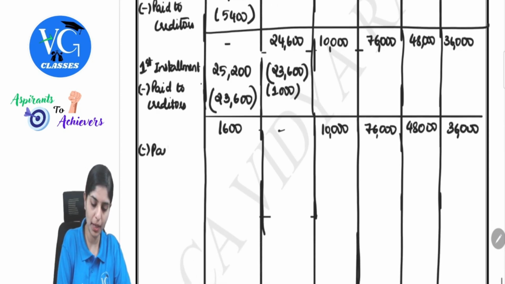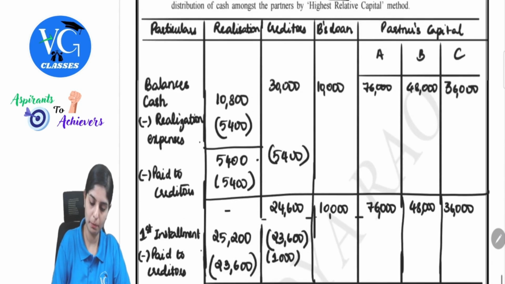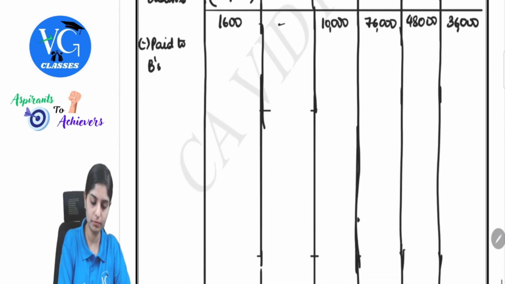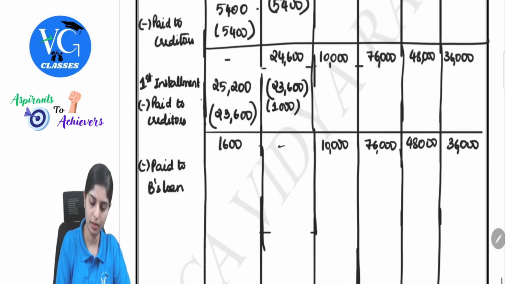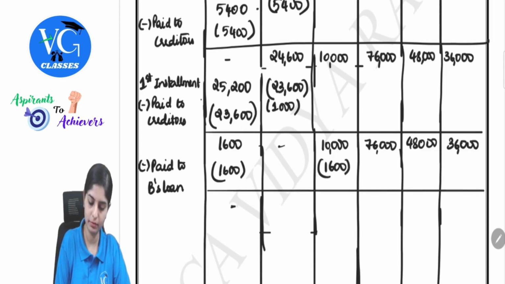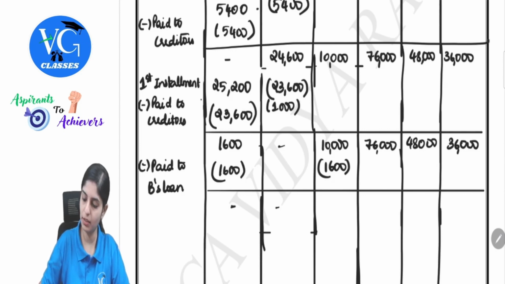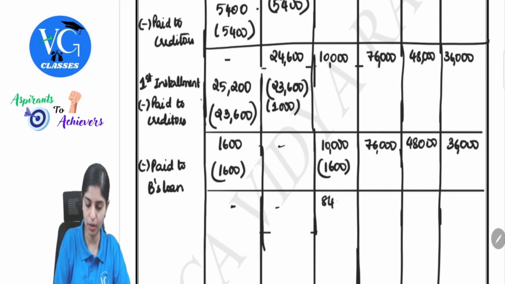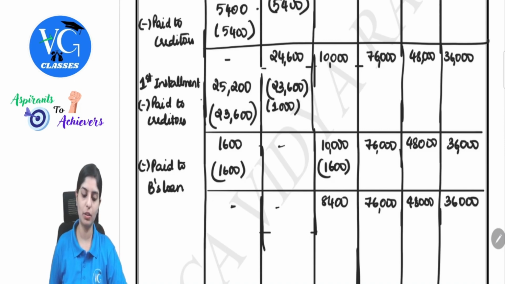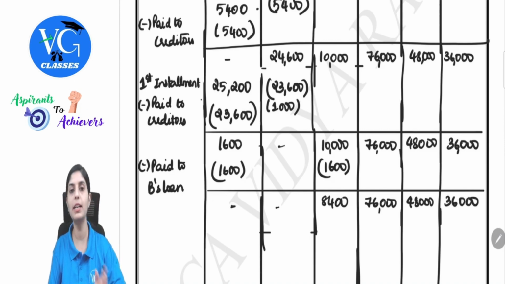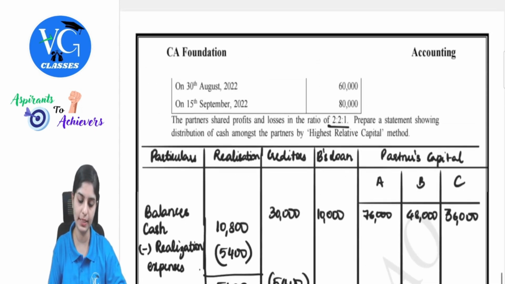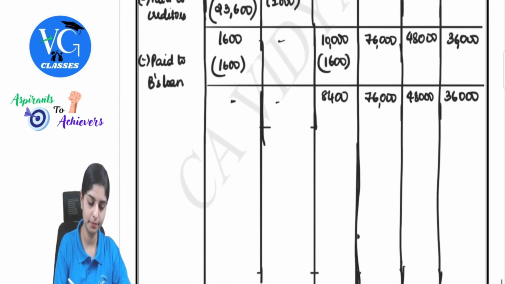This will be used to pay B's loan, 1,600. So 10,000 minus 1,600, 8,400, 76,000, 48 and then 36. So using first installment, we have cleared creditors and then part of B's loan. Second installment is 60,000.